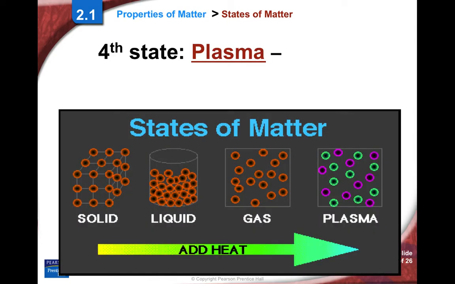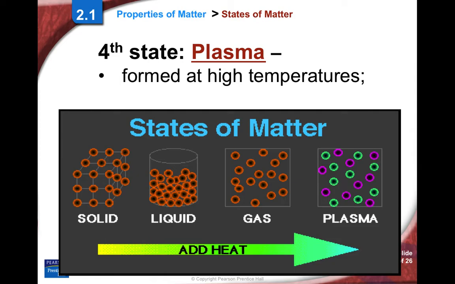Okay. There is a fourth state of matter, and probably several of you know it. It is plasma. It only occurs probably in stars and in special reactors. It is a state of matter where there's charged particles, so the electrons get stripped off of the nuclei, so you get positive and negative particles flying around.